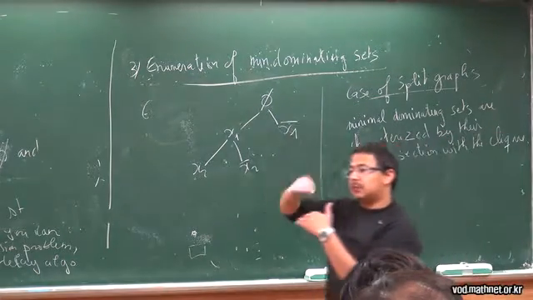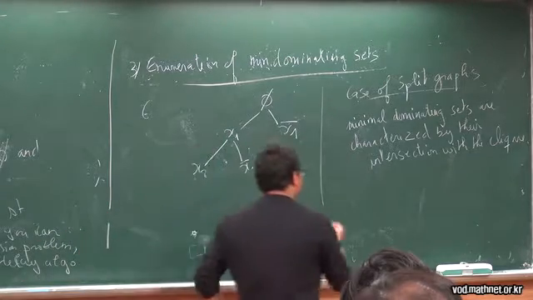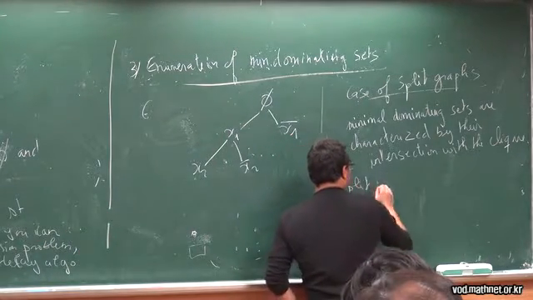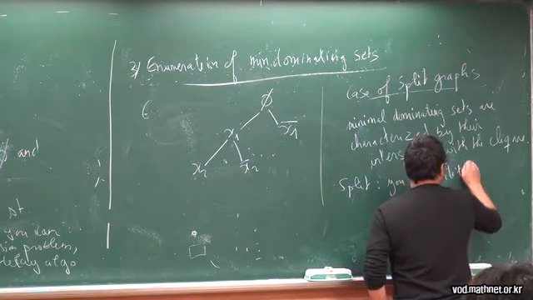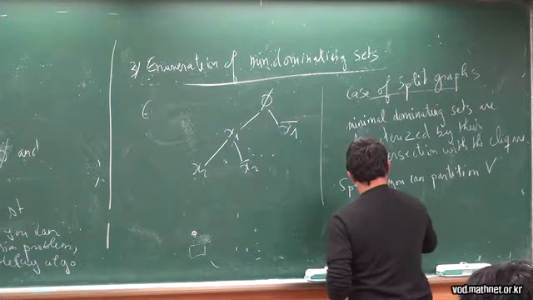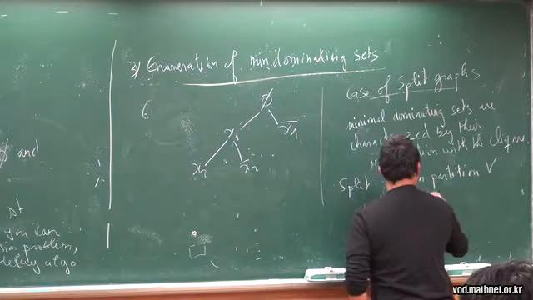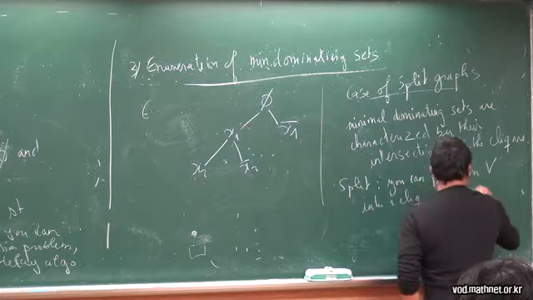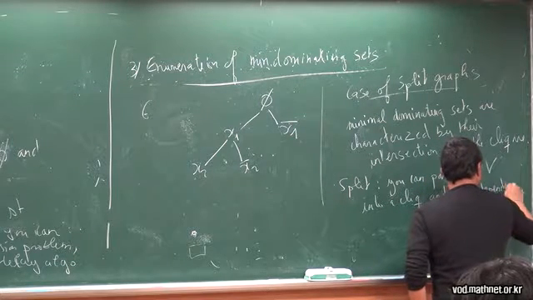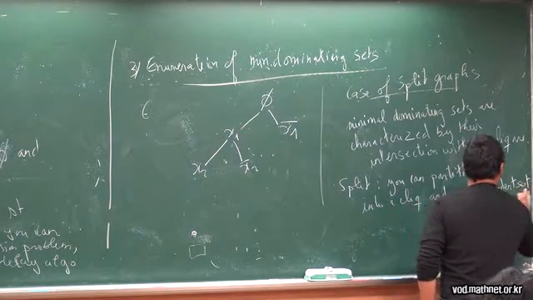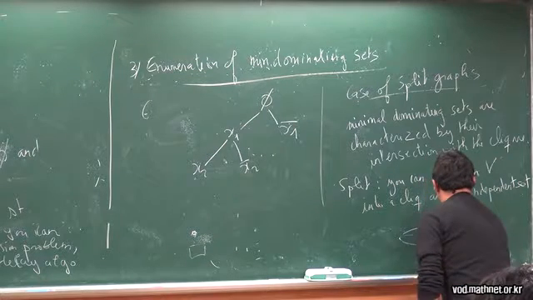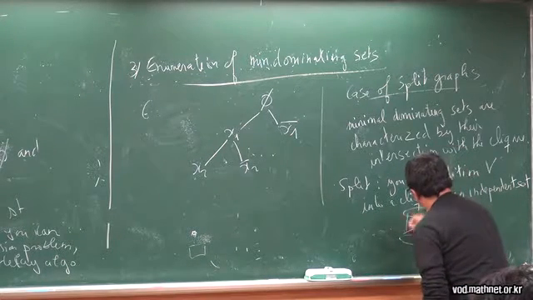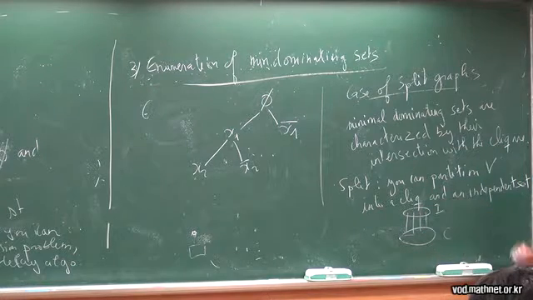If you take a split graph, you can partition V into a clique and an independent set, and all the other edges are between the independent set and the clique.